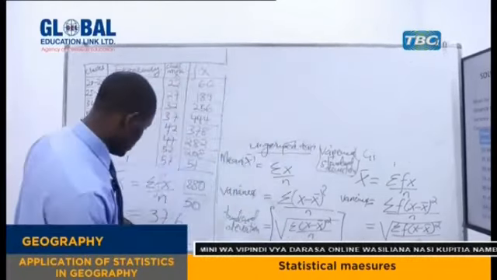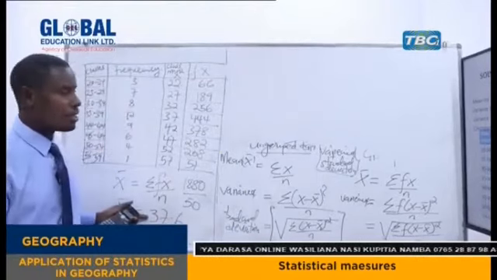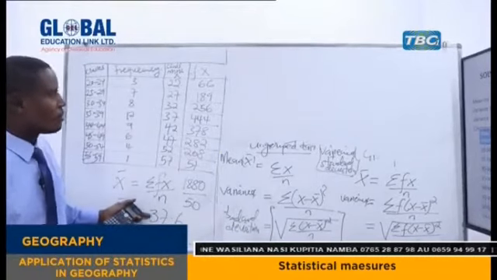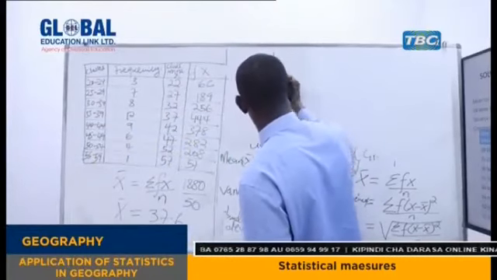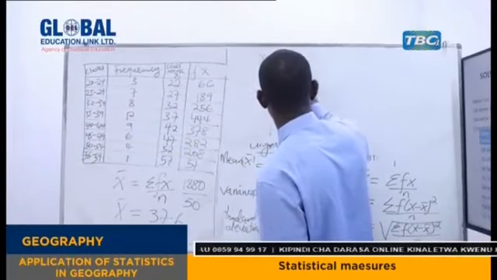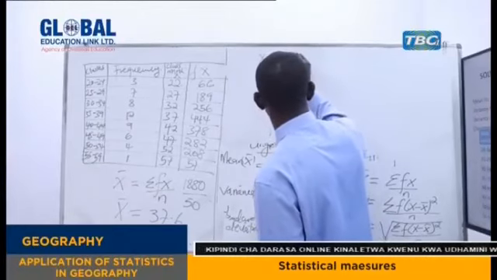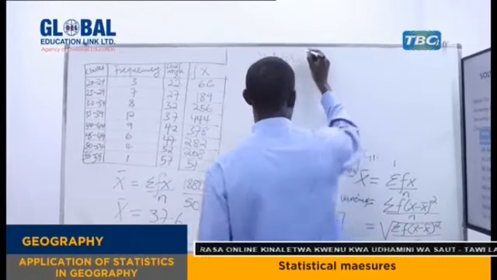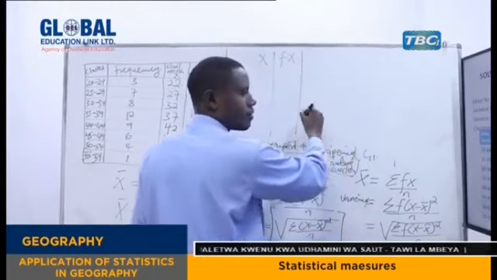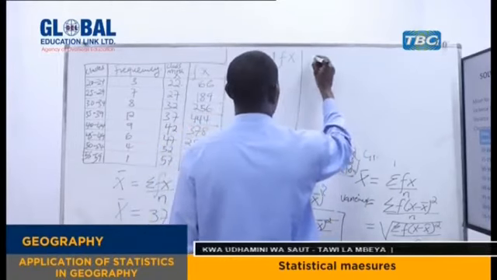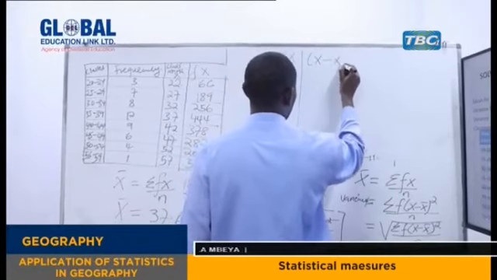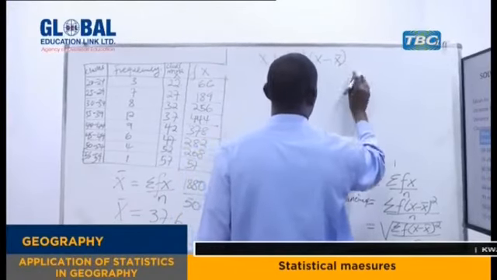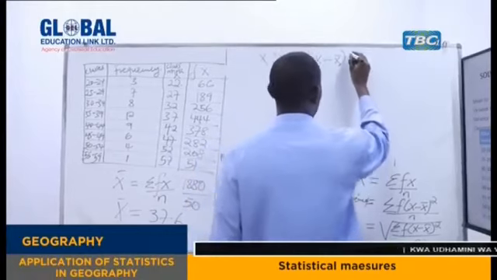So already we have the mean for the grouped data, which we have obtained for question number 2. Then we establish another column that will be x, and then we have fx. Then we have another column for the bracket x minus x mean, squared.